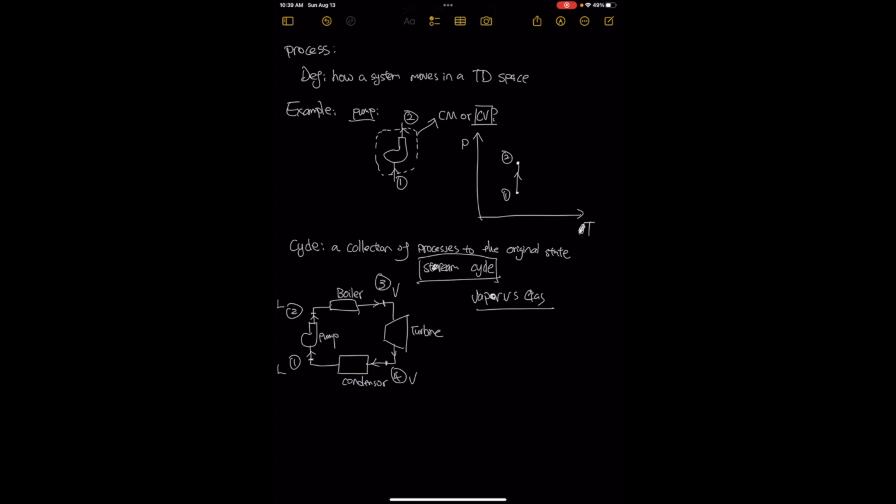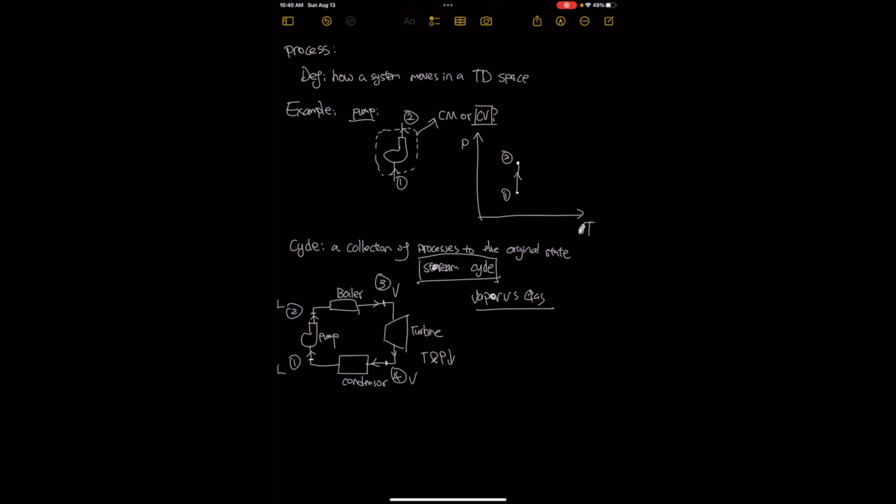So after the turbine, both the temperature and the pressure will drop, right? Because we're trying to convert the energy to the turbine blade, and the turbine can extract the energy to generate electricity and other things.